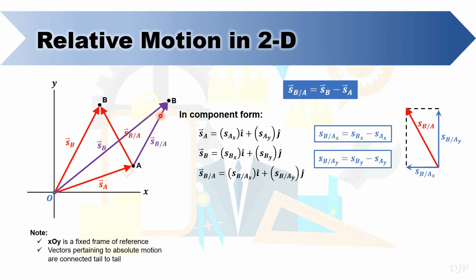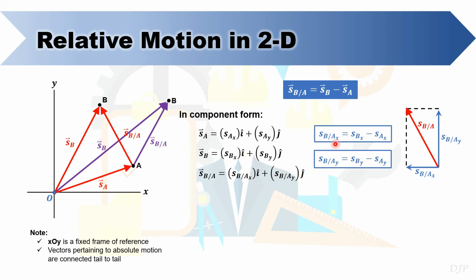For this drawing of the relative position, the x component of S sub B over A must be positive, and the y component of S sub B over A must also be positive. So by using the obtained values of the x and y components based on computation, and also taking note of the signs, we will be able to determine the correct direction of S sub B over A, or the relative position, or even relative velocity and relative acceleration in other cases.